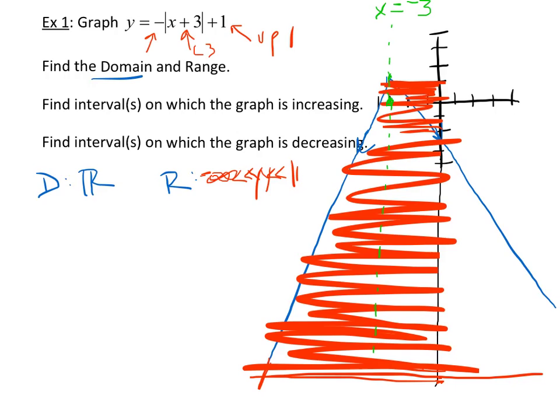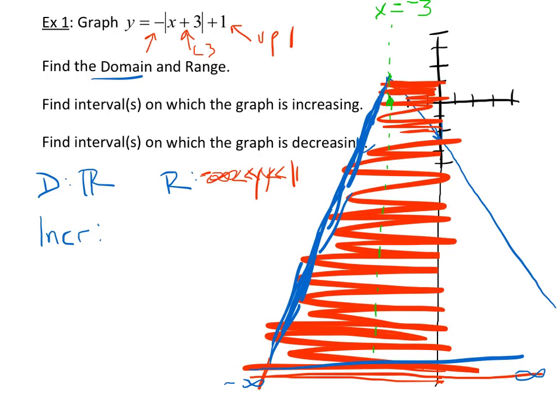Taking a look at the first part here, now we're going left to right, so the left is going to be negative infinity, the right will be infinity. From negative infinity to negative 3, we are increasing. So I'll write INCR to mean increasing, and I'm increasing from negative infinity until negative 3, until I get to this high point.